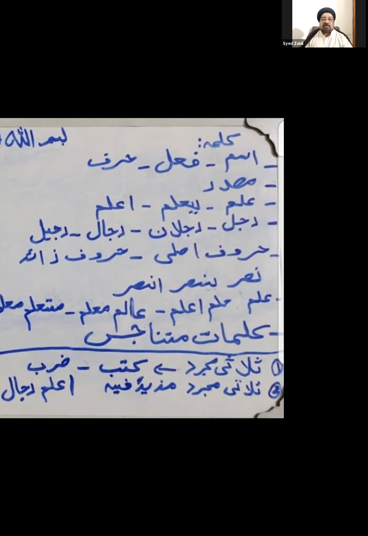The extra letter in i'lam is alif, and in rijal there is also 1 extra letter, which is also alif. Therefore, that's the example of thulathi mujarrad mazidun fi. Now we move on to the next category.